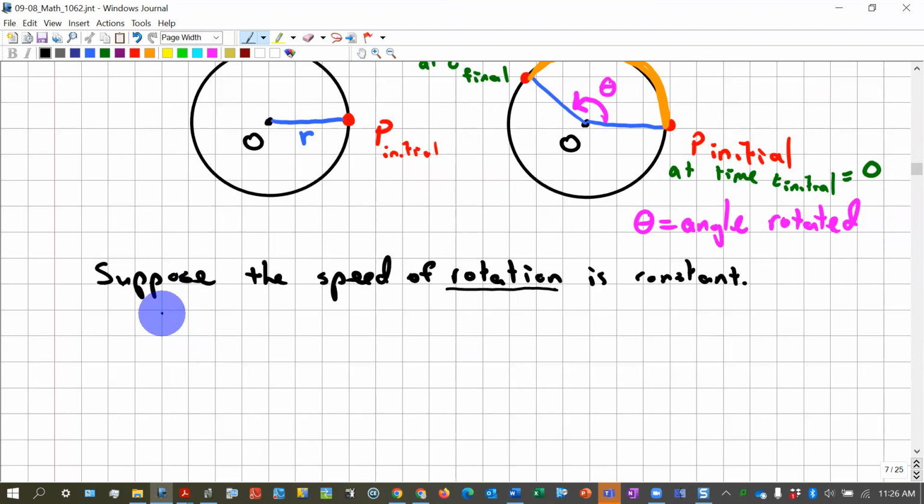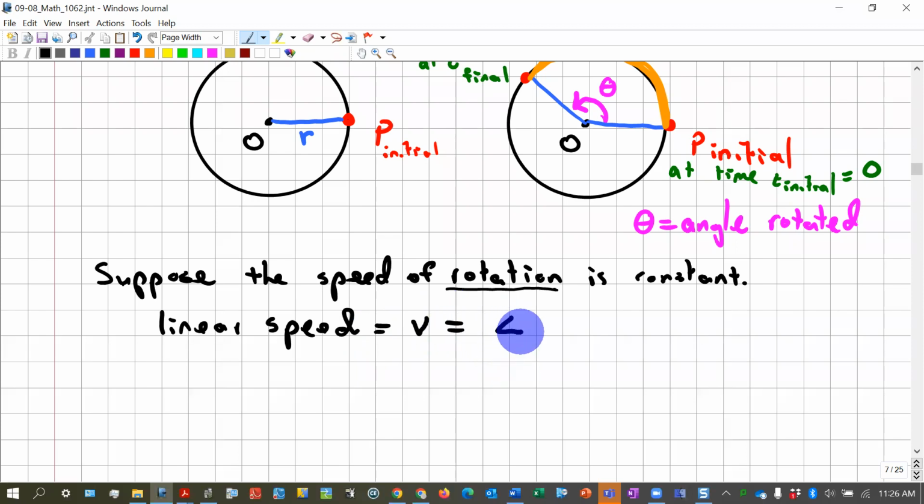Then the linear speed, or more precisely, if the speed wasn't constant, then it would be average speed. But the linear speed, which we'll call V for velocity, even though in this context everything is going to be positive, so it's speed.